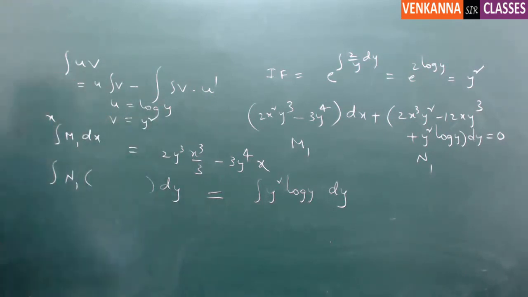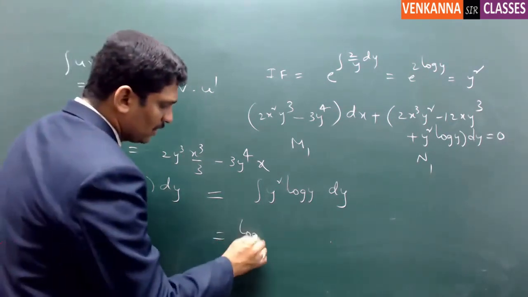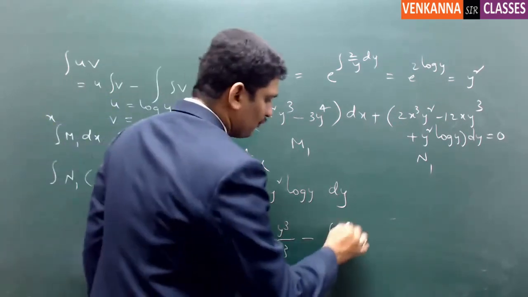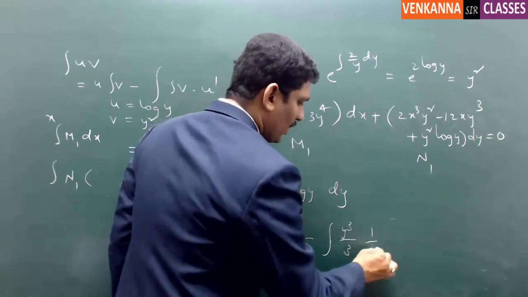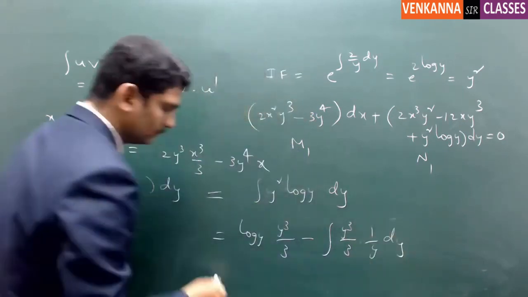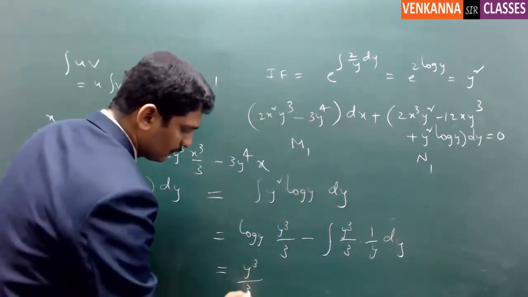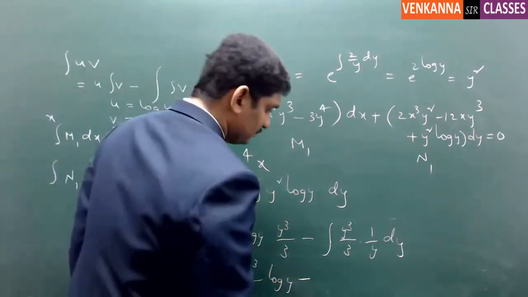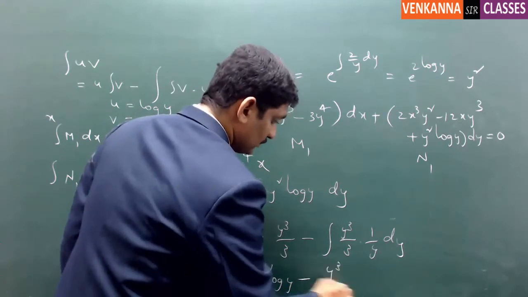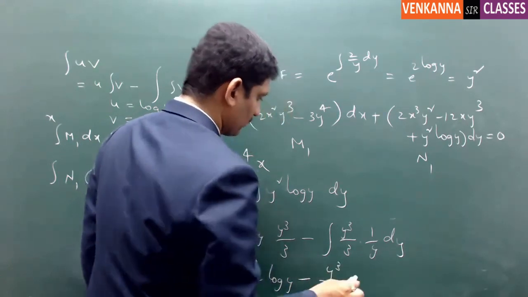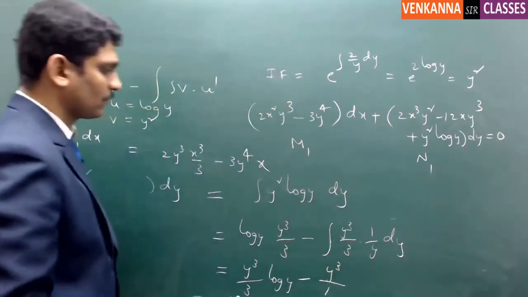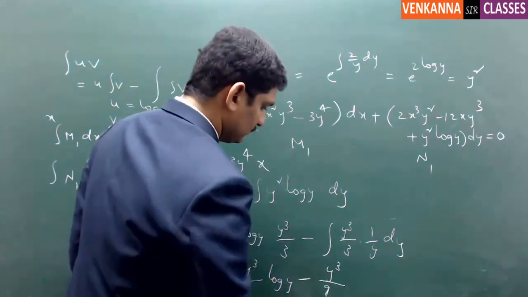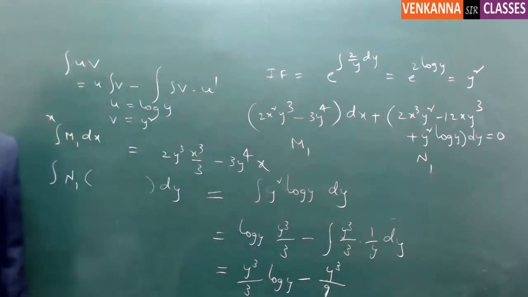Using this formula, you have log y into y cube by 3 minus integral of y cube by 3 into 1 by y dy. Am I correct here?